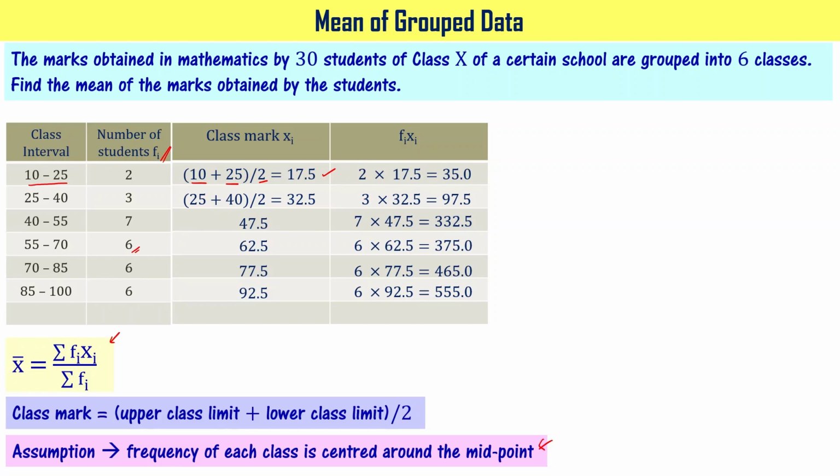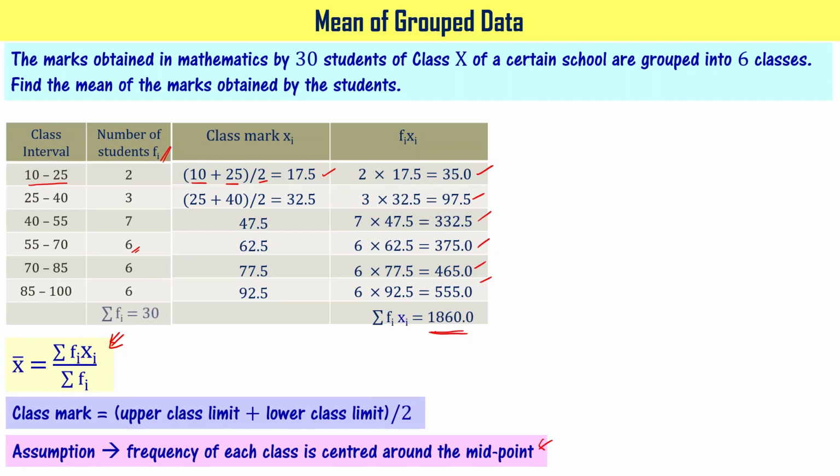Now, to obtain the value of x bar, all we have to have is sigma fi xi divided by sigma fi, right? Let me find what is the value of sigma fi xi. That is sum of all these numbers, 35 plus 97.5 plus 332.5 and so on. When you sum all these numbers, you are getting sigma fi xi as 1860.